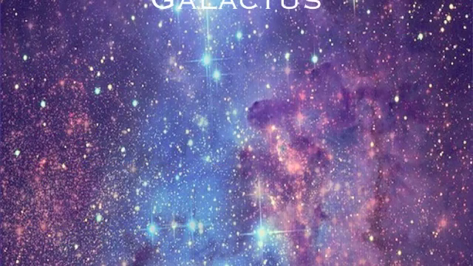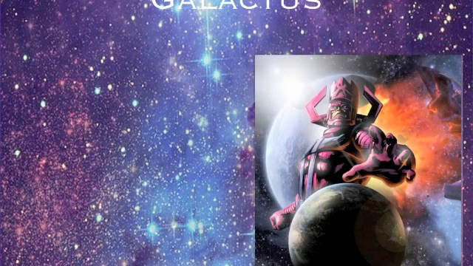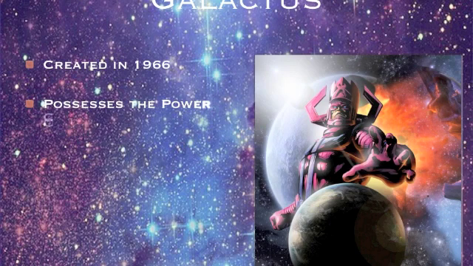Next up is Galactus. Now, Galactus has been around for a very, very long time. He's been in so many movies and media, animated series, whatever. Anyone who knows Marvel Comics knows about Galactus. He was created in 1966, so yeah, he's been around a lot longer than the Anti-Monitor has been. He possesses the Power Cosmic.